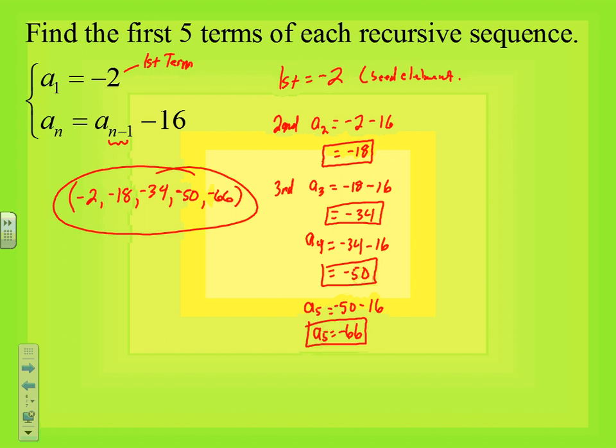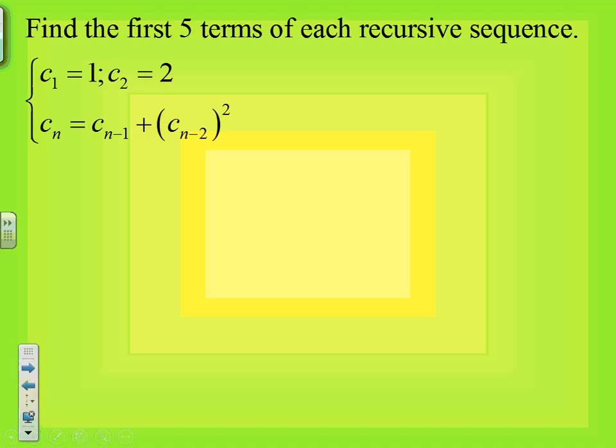There's the first 5 terms of the recursive sequence. So again, a recursive sequence is basically the same thing as a sequence that we were looking at before, but the new number that I substitute comes from what I did before.